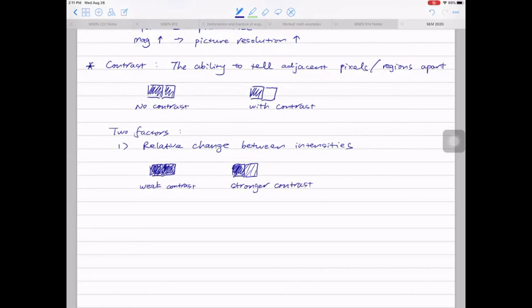But how can we quantify contrast? Contrast is defined as the difference in intensity over I naught. If we use the first pixel as the reference, it will be the intensity of the first pixel. If it is greater than 5%, then human eyes can pick up the difference.